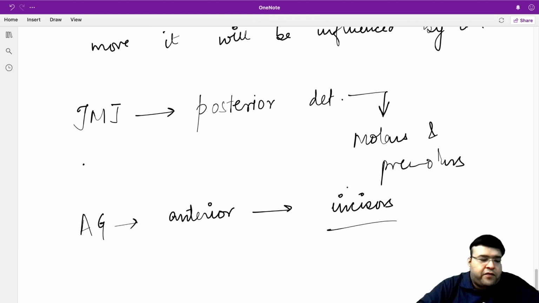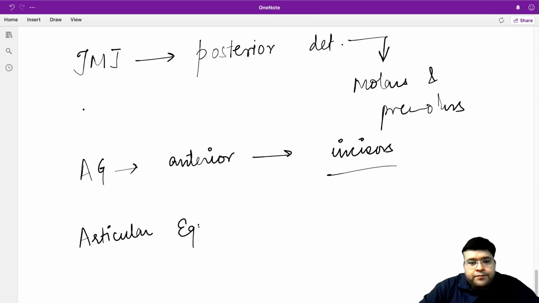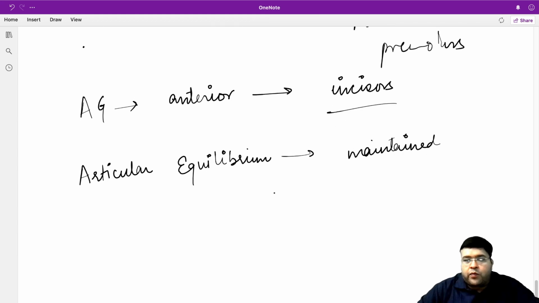So we have to remember that there is something called articular equilibrium, right? This equilibrium should always be maintained when you are dealing with harmony in occlusion.